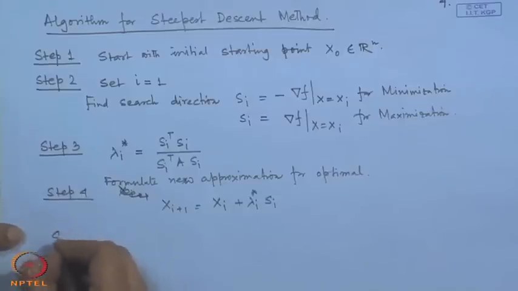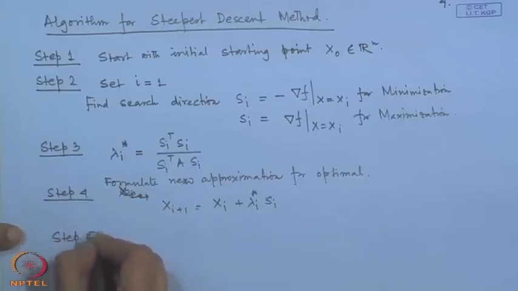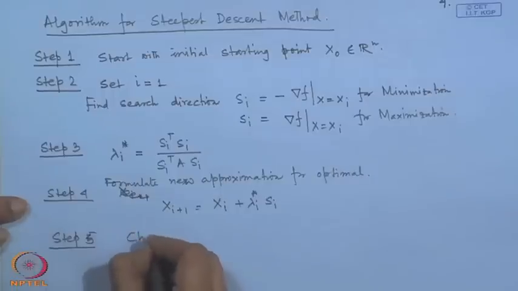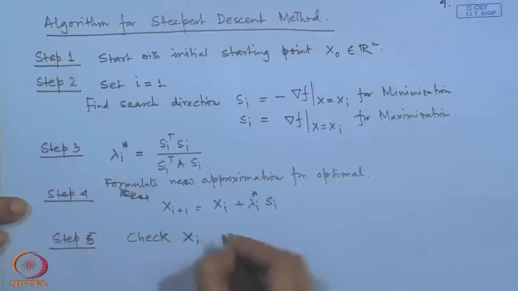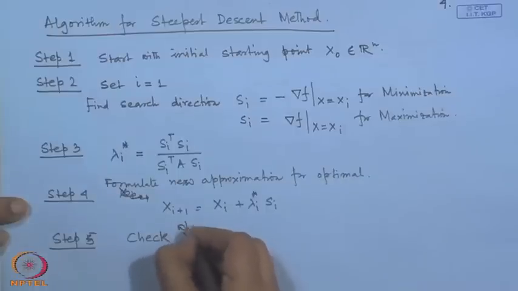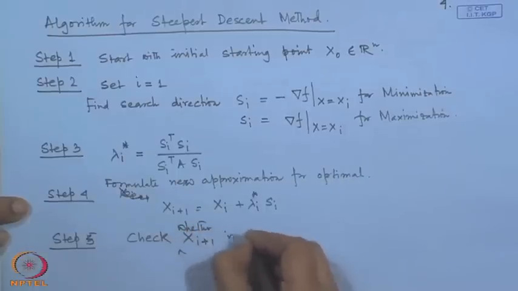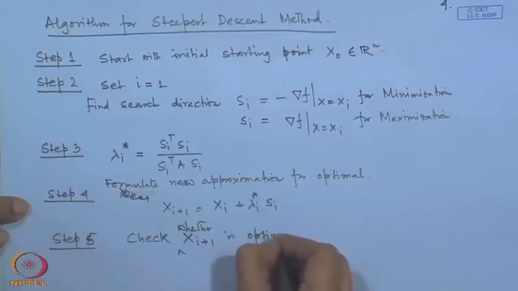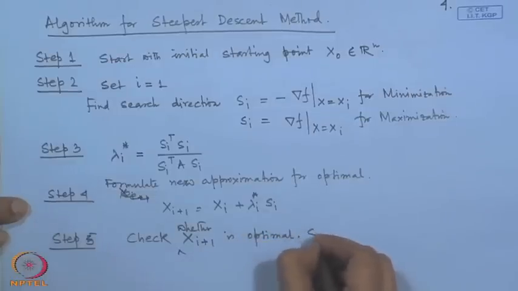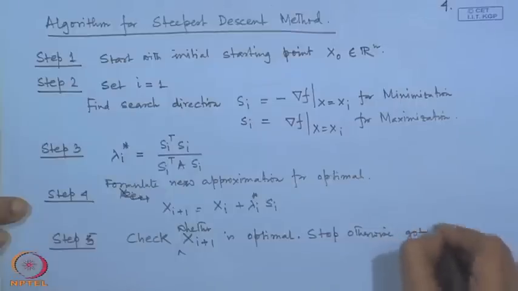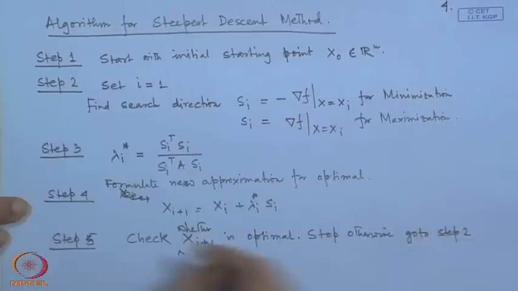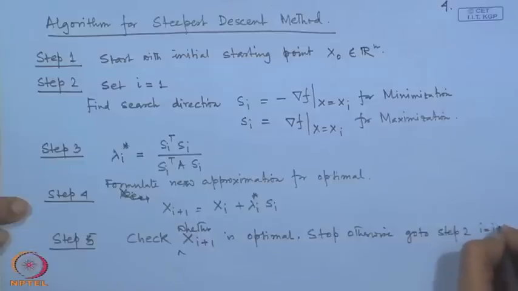Then step 5, check for optimality. There are certain procedures for checking optimality of the new point. Check whether the optimality condition is satisfied, stop, otherwise go to step 2 with the consideration i equal to i plus 1.